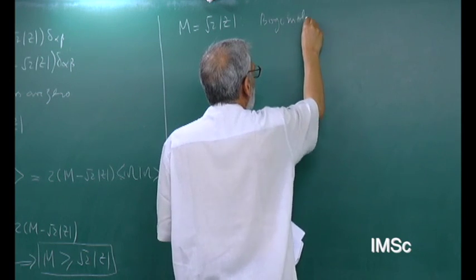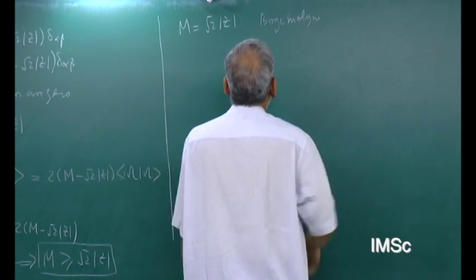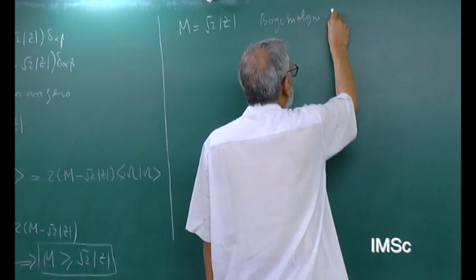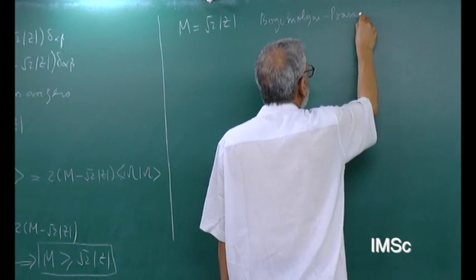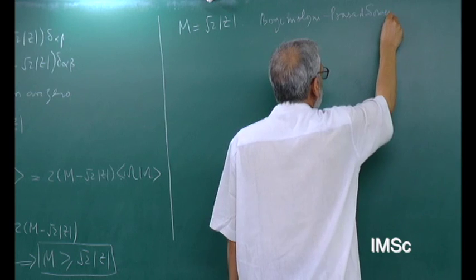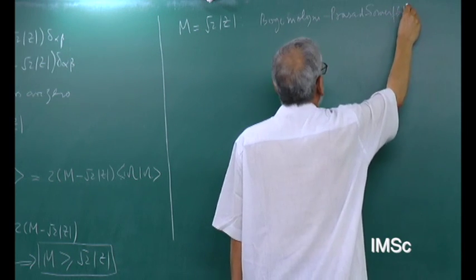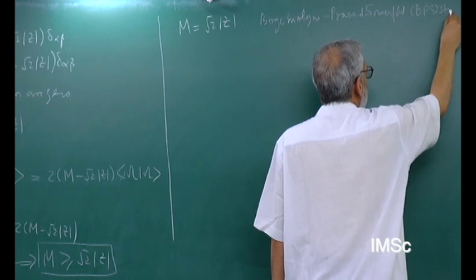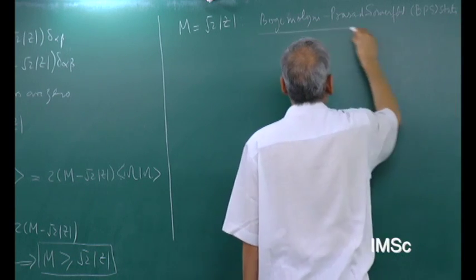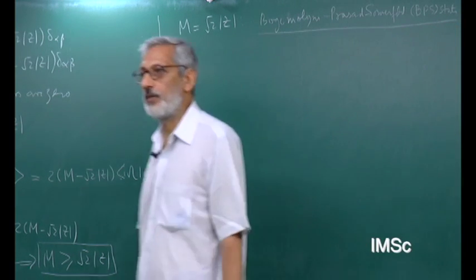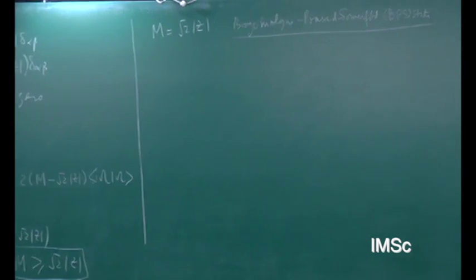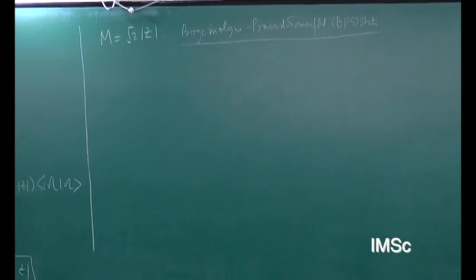Bogomolny. Sometimes they are called Bogomolny states, sometimes Bogomolny Prasad Sommerfeld states, or BPS states. That is a name given to the states that saturate this mass and central charge relation.